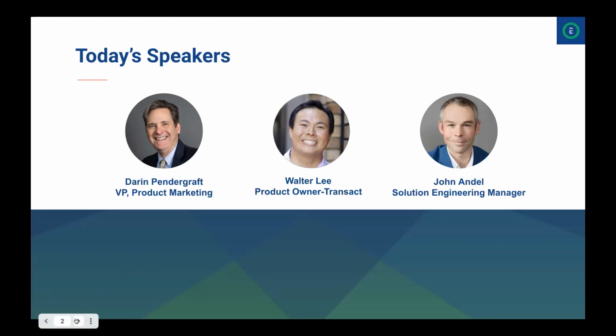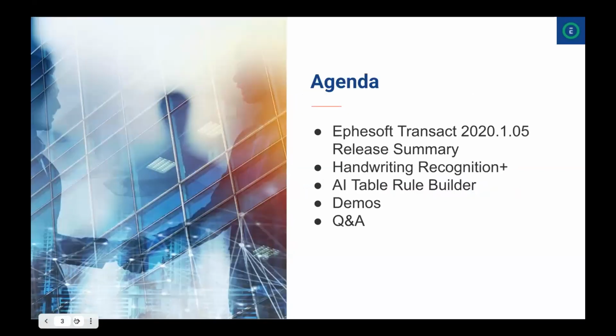All right, so let's get going. The way we're going to do this presentation, I'm going to get us started. I'm going to do a little bit of an overview so everybody can understand how we're going to deliver some of the functionality. I'm then going to ask Walter to walk through some of the thinking, the use cases, and the background behind each of these two major sets of functionality, Handwriting Recognition Plus and the AI Table Rule Builder.